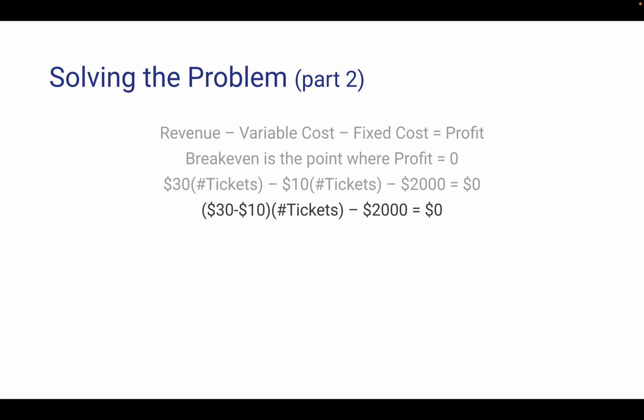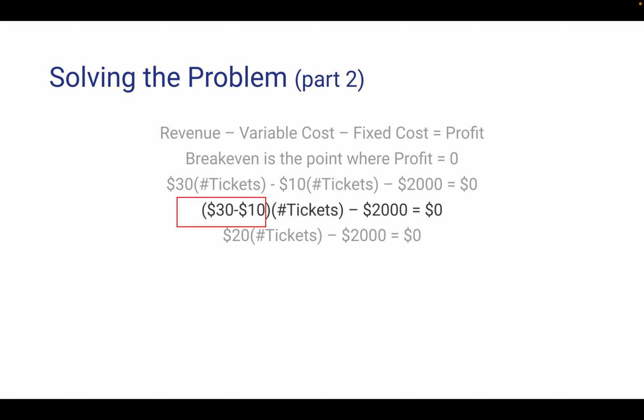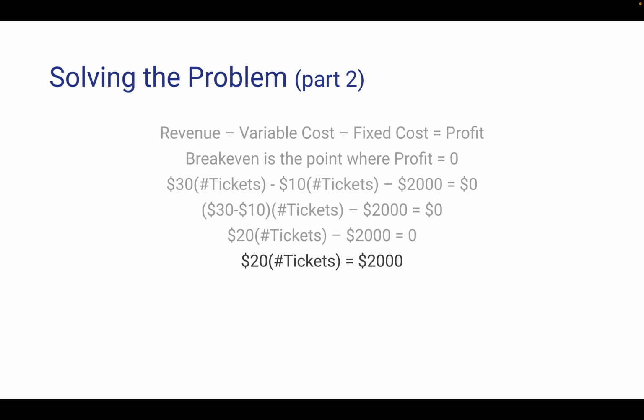We plug that into our equation. We now resolve the equation by pulling the similar values into one. So we now know that we have $20 per ticket left after paying our variable costs, and we have 2,000 fixed costs. So how do we work with that?